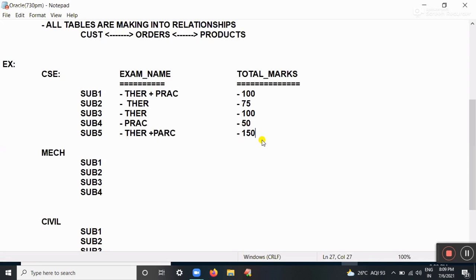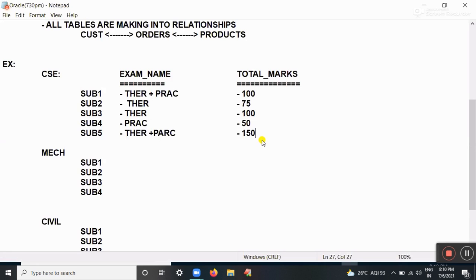So these are different kinds of examinations we are going to attend: internal examination, external examination, practical examination, lab examinations. Some subjects have theory plus lab, lab examination marks and theory examination marks. So depending on your examination name, your total marks will change as per your subjects.